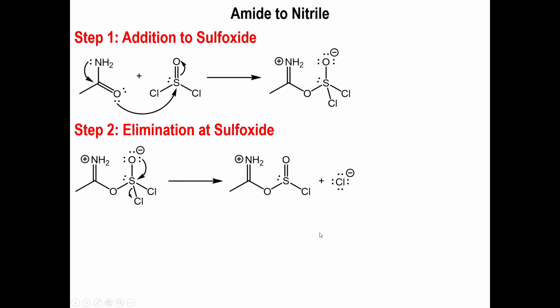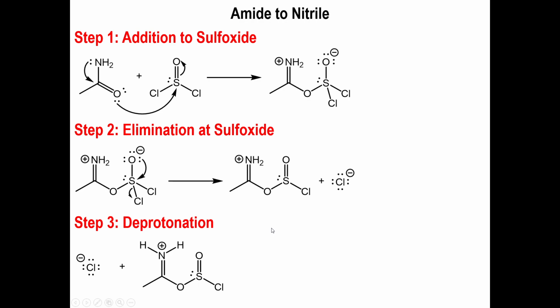All right, now what ends up happening is that the deprotonation takes place, specifically at your nitrogen. So one of those protons on your nitrogen is removed. You could use the chloride for that purpose.